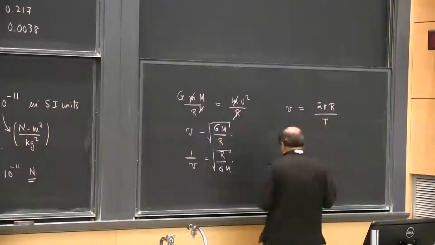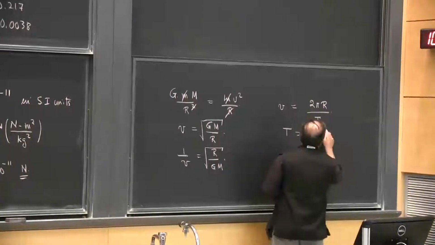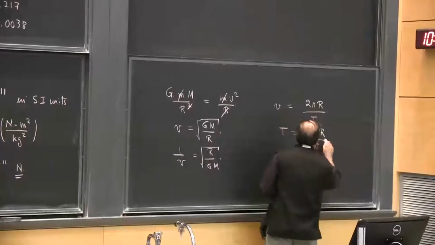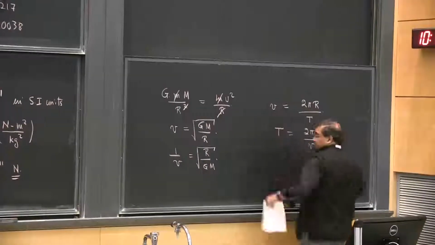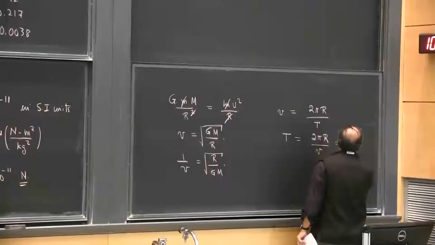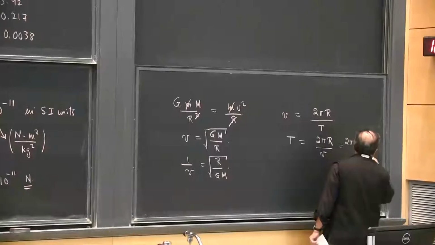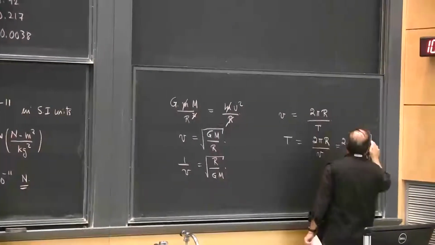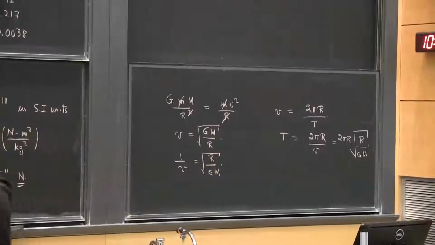So now you see, T is 2 pi r over v. Something interesting happens, because I've already written 1 over v here. That will be 2 pi r times the square root of r over GM. Any objections?